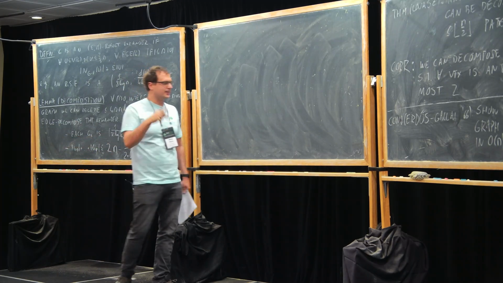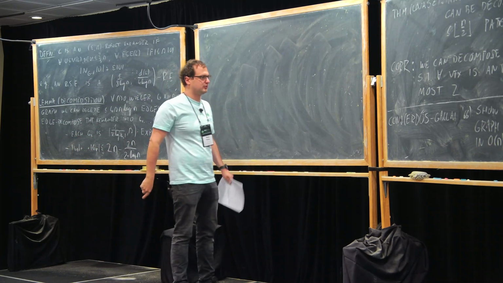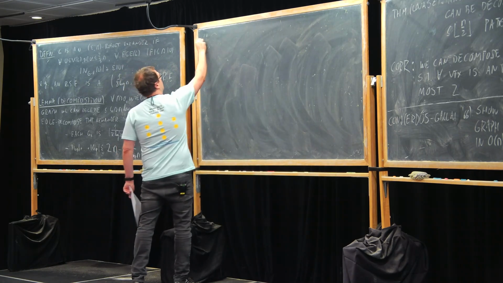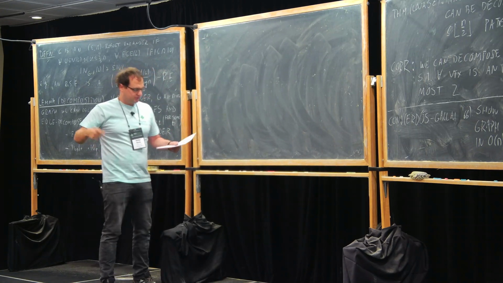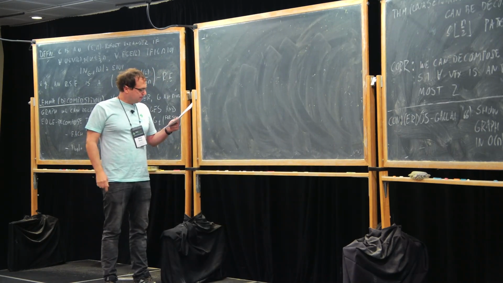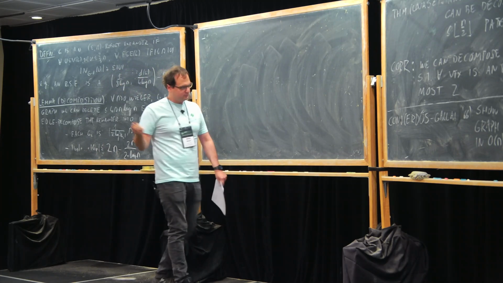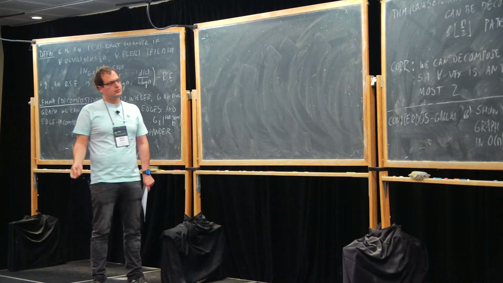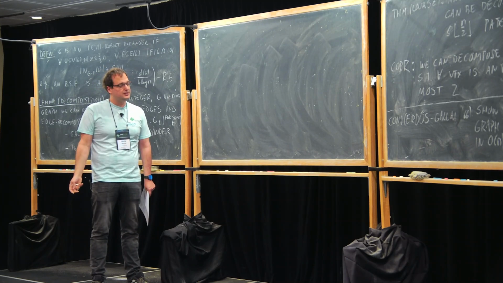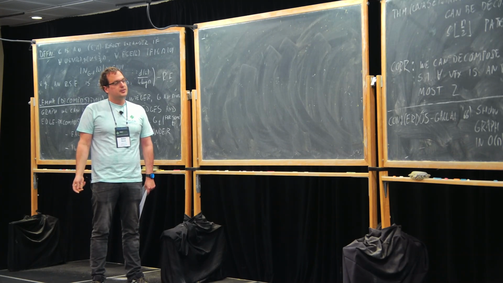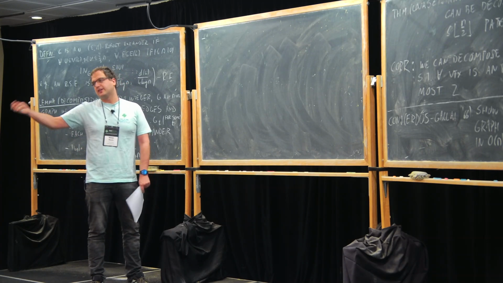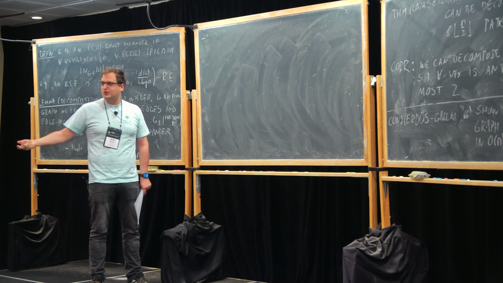That's written in the notes, but I will not be writing the exercises on the board, mostly for time reasons. But the best known, so there was a result of Komlós, Fox, and Sudakov from 2013, I think. They proved that you can do it with n log log n. So they improved the log n to log log n.